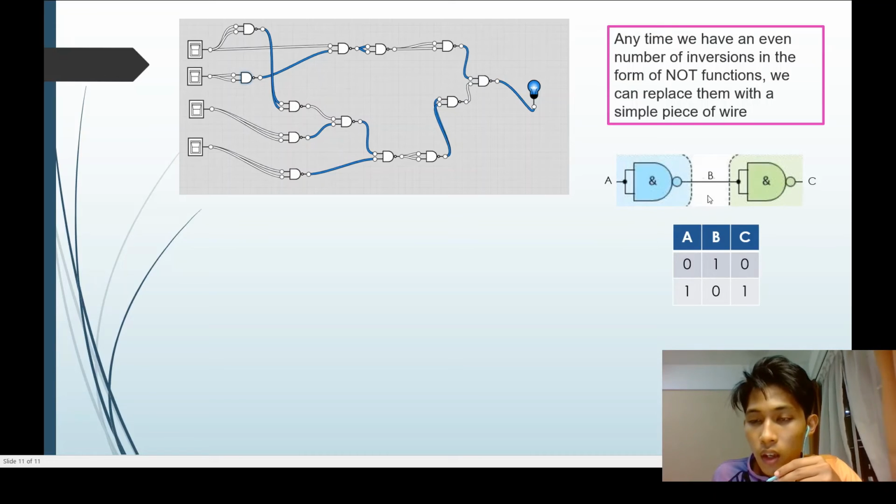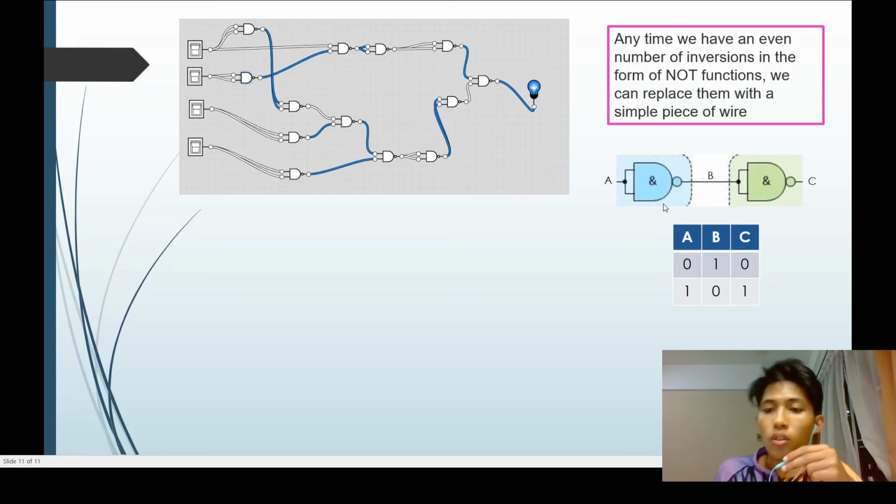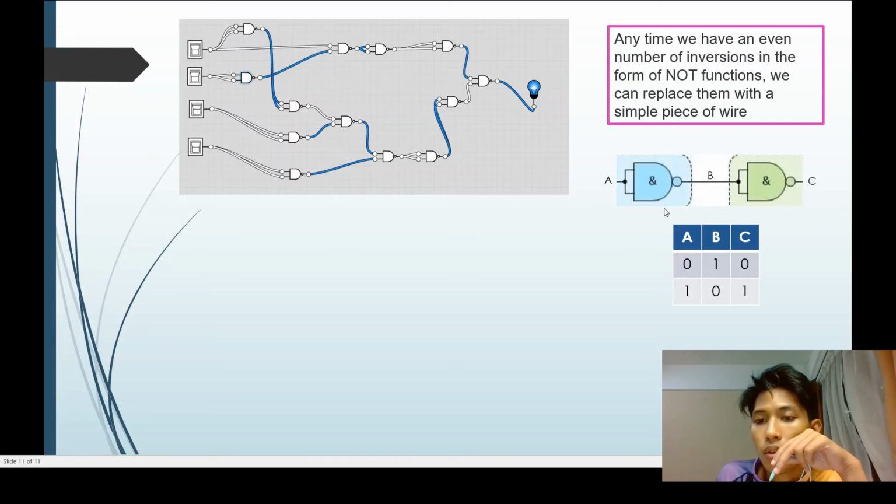So this one is two gates, which is an even number, so it must be an even number like 2 or 4. For example, this one is A, so the input is A, and the result of the first NAND gate is B, and the output of the second NAND gate is C. So for example, when the input A is 0, it will produce B, which is 1.